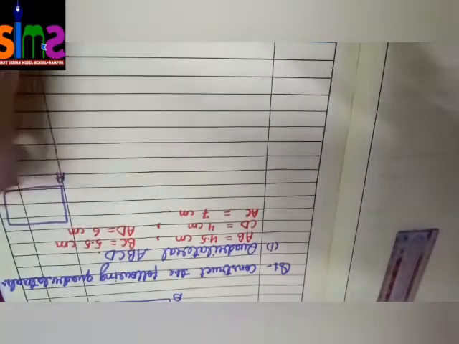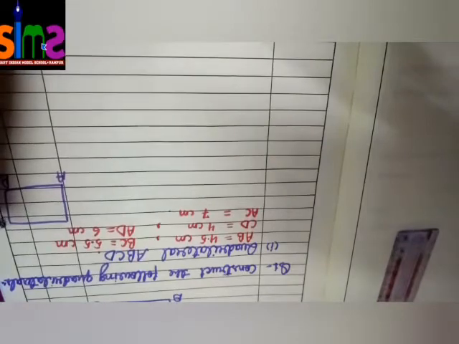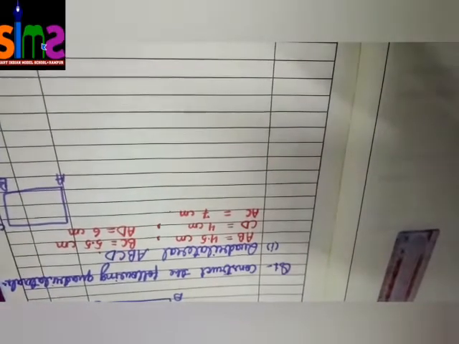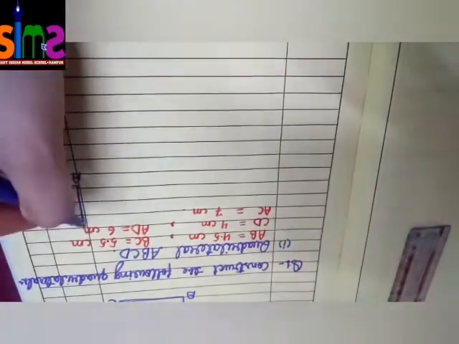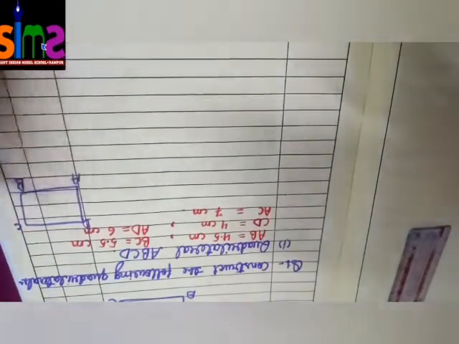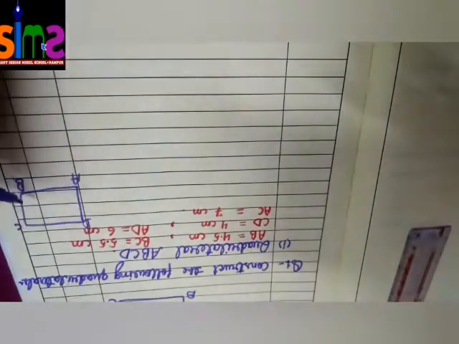For example, this is AB, this is BC, CD and this one is AD. It is a quadrilateral ABCD. We have drawn a rough diagram. After that we will erase it because it is only a rough diagram.